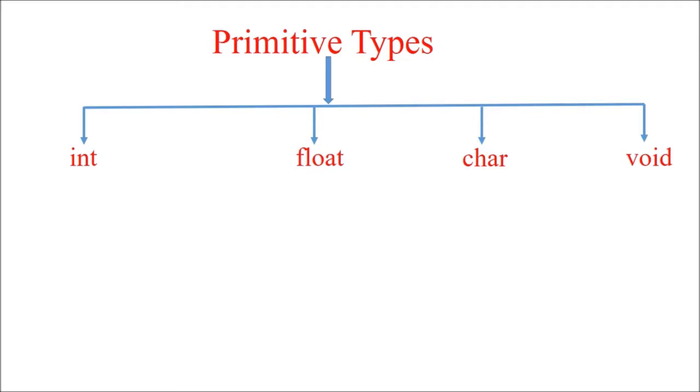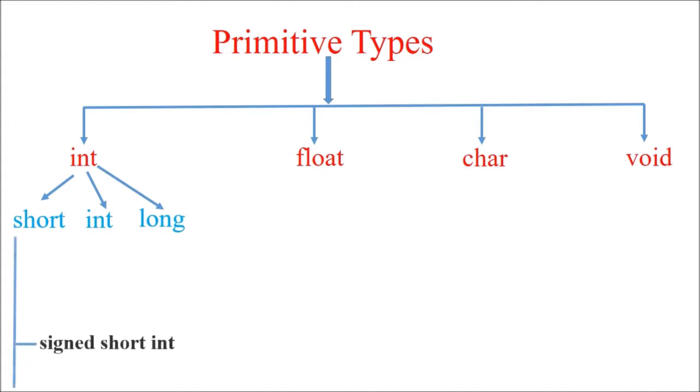So let's see. Int data types are divided into three types. First one is short type, which size is 2 bytes, int type, which is also 2 byte size, and long type, which size is 4 bytes. Again, short data type is divided into two types: signed short int and unsigned short int.